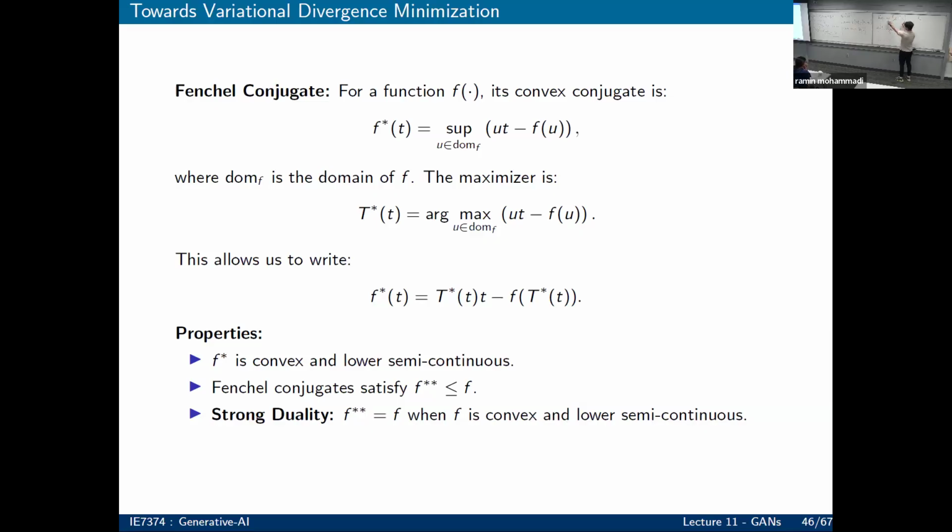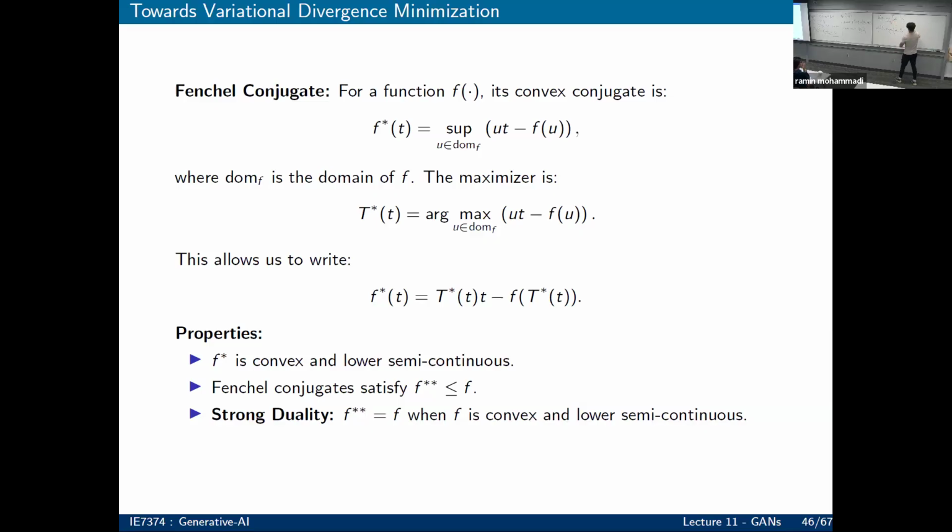We say that we solve this value equal to the maximum of this, the supremum of this, right? And the supremum of this happens from one u. There's a u that's going to make this maximum, right? That u is equal to the argmax of this, correct? Does that make sense? So we call that u here u star with t star, and then we replaced it in this equation.